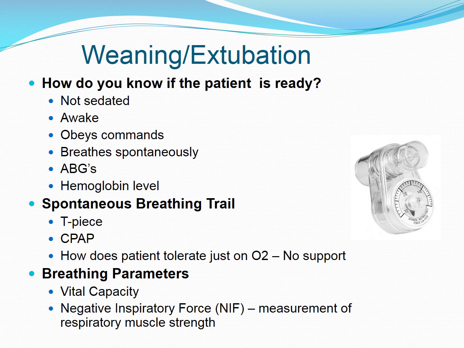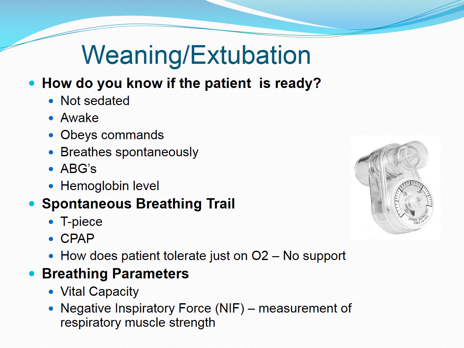Now, weaning usually only begins after the underlying disease process that is causing the respiratory failure has been corrected or stabilized. So if it's acute respiratory failure, or if COPD led to acute respiratory failure, then once that disease process has been stabilized or corrected, we can begin weaning them.